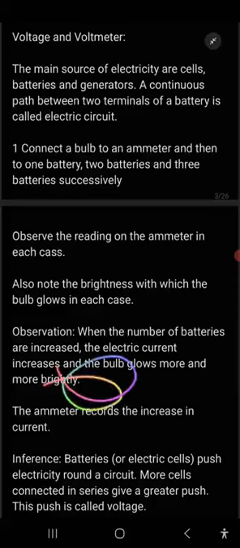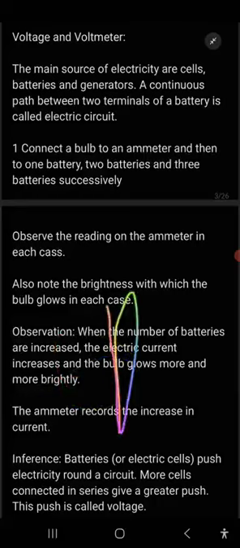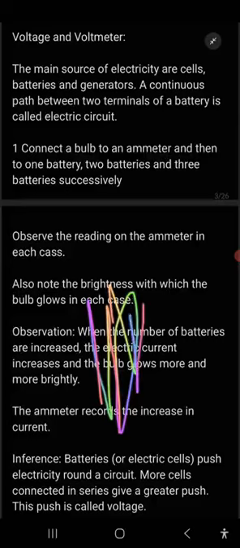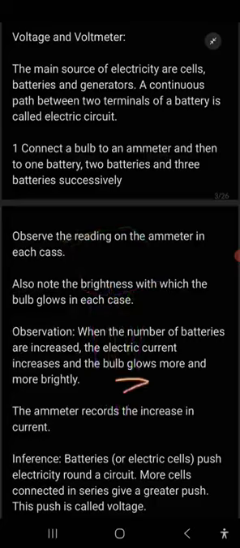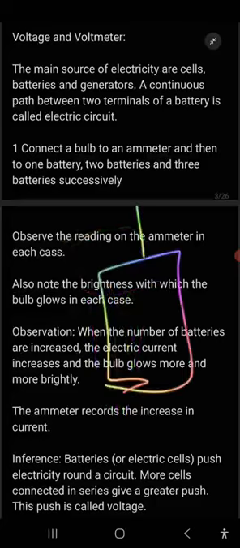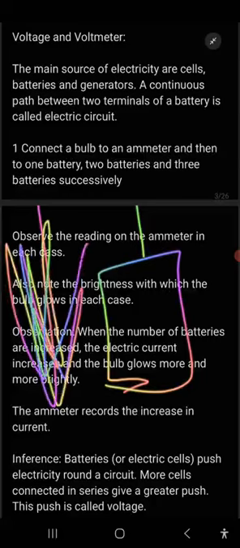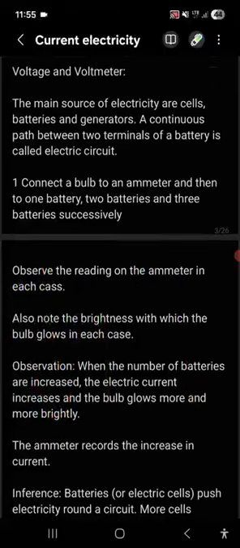There will be a circuit here. More cells connected in series push harder, and that push is called voltage. The more you push, the greater the voltage. The more voltage there is, the greater the push.